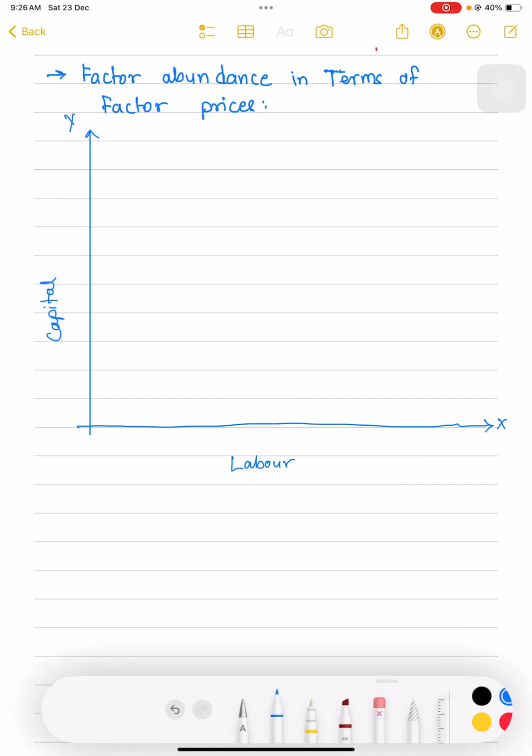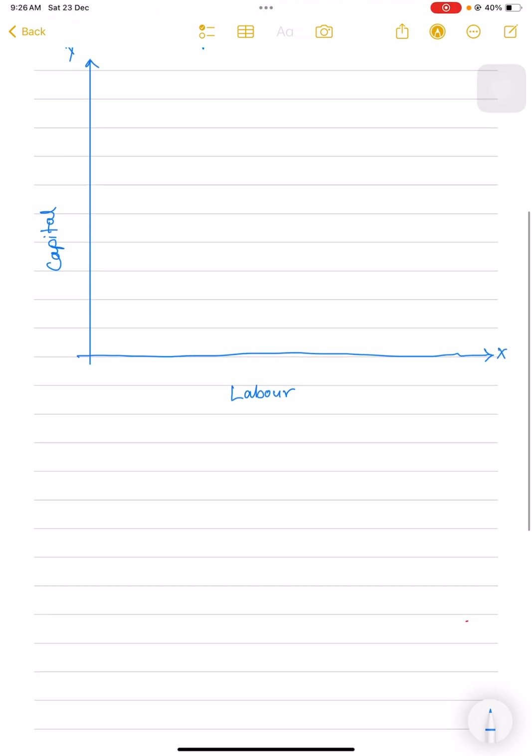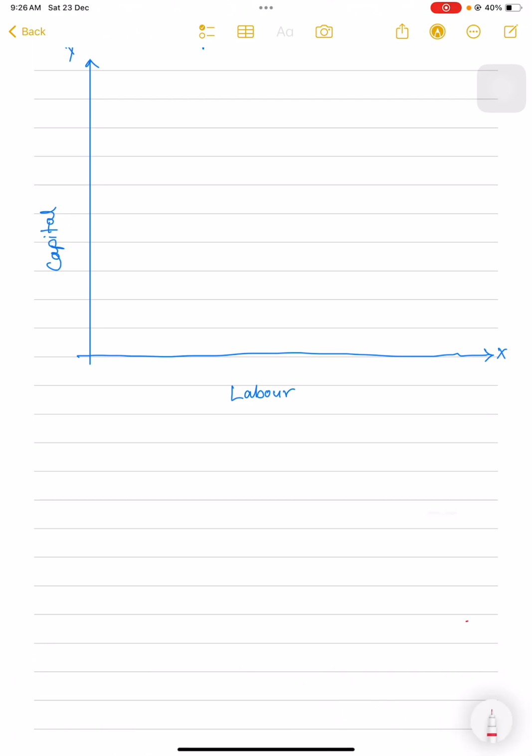Now two things you need to understand before drawing this diagram. Those are isoquant and isocost.